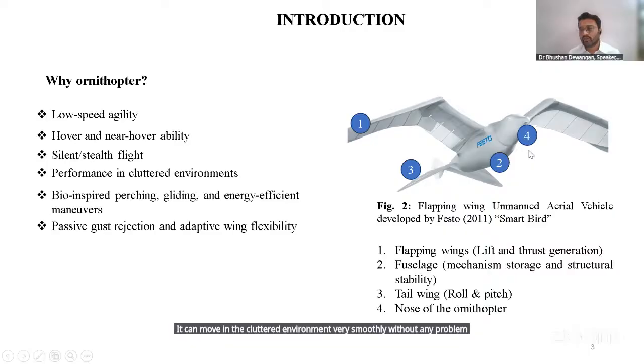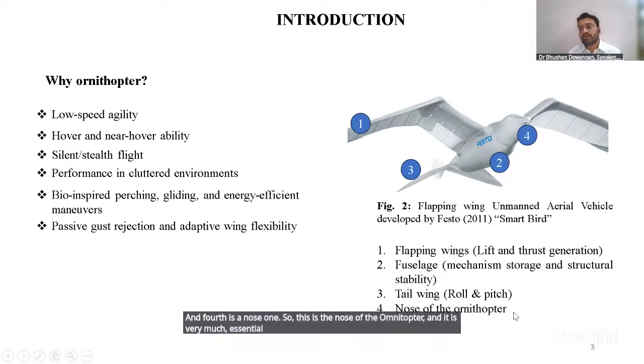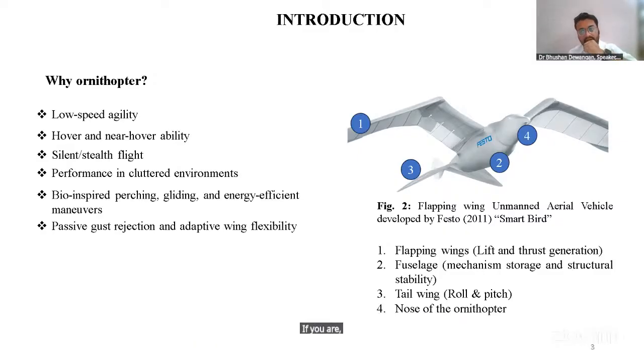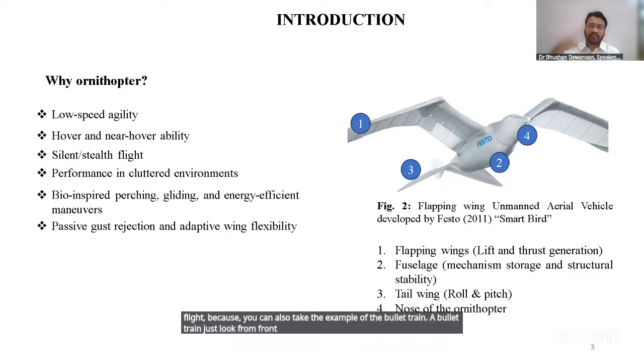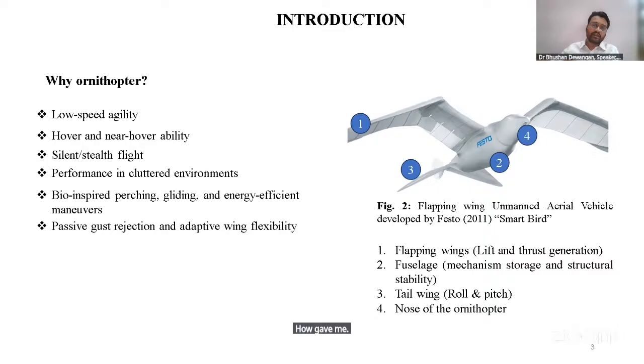And fourth is the nose. This is the nose of the ornithopter, and it is very essential if you are going through an environment and you want efficient flight. You can take the example of the bullet train: look at how the bullet train looks from the front, how they have made it. They also mimicked the bird's shape, how its fuselage and nose look.